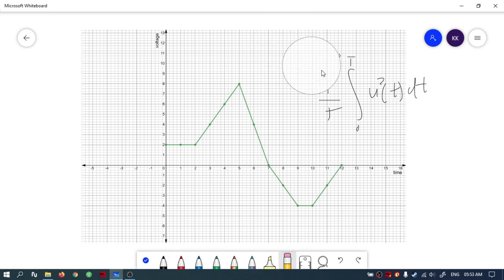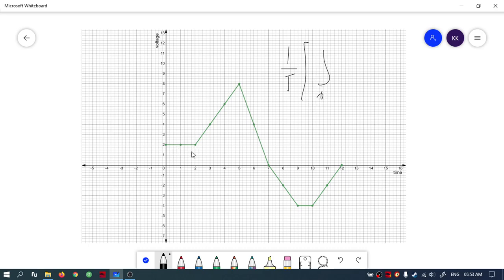For example, for this area we are going to calculate now, integral of 0 to 2.